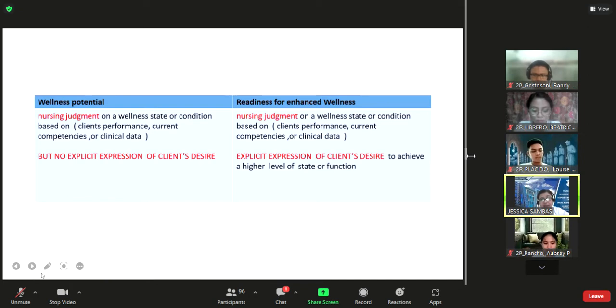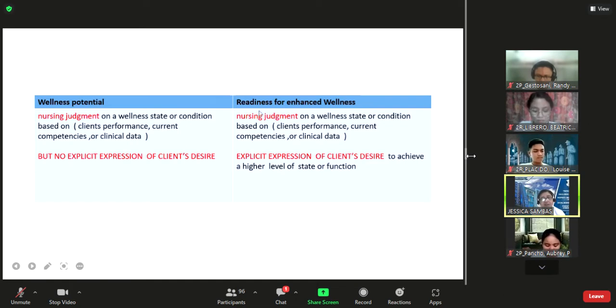Nakuha ninyo? So, according to your judgment, there is a wellness potential present within that family member breastfeeding her newborn. Kaya lang, walang exact expression of the desire to continue or to enhance further that particular action. Nakuha po ninyo? So based on your observation, there is a wellness potential.